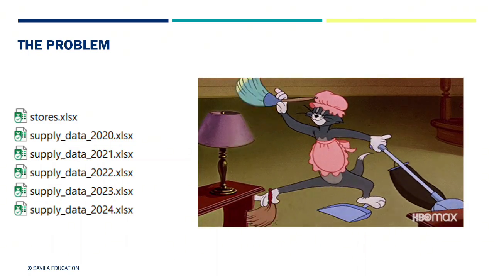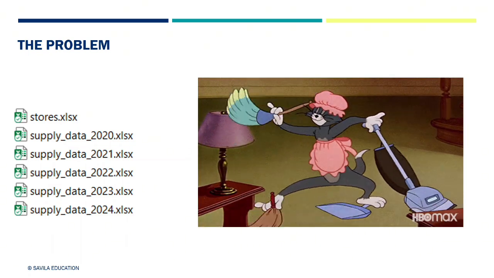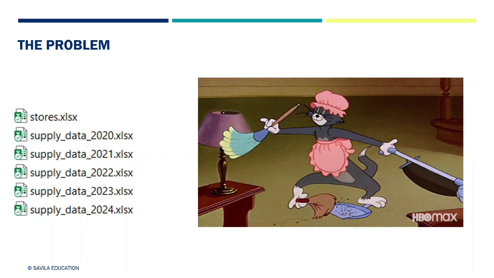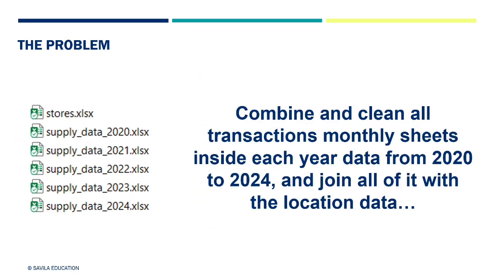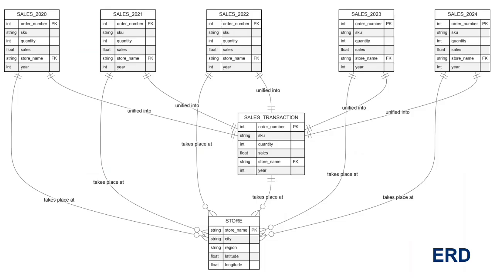Not only that, we have some messy data here, so we're going to have to clean this data and combine it. So what we need to do is combine and clean all of these monthly transaction sheets inside each one of the yearly files, and then join all of these with the location of the wholesalers, which is in the store file.